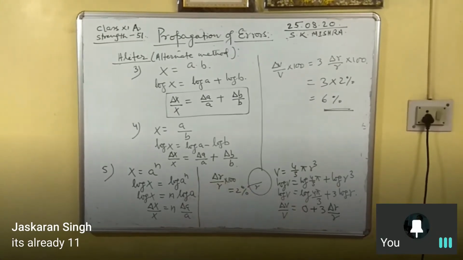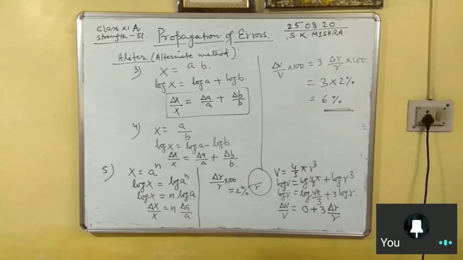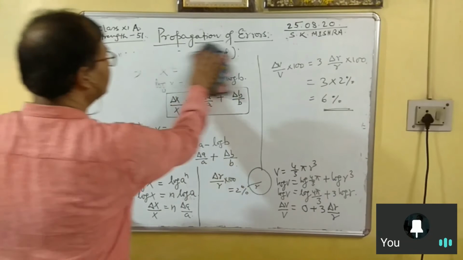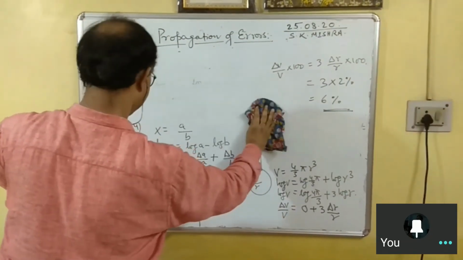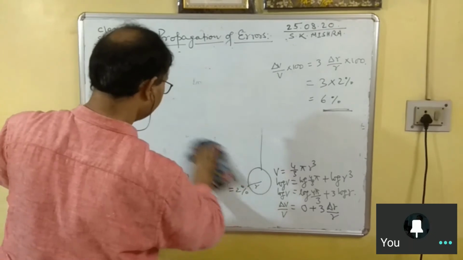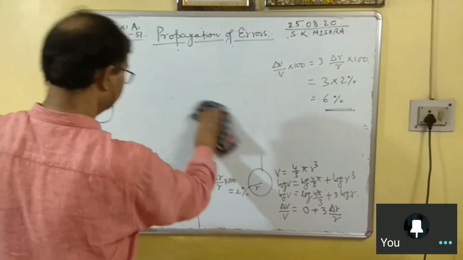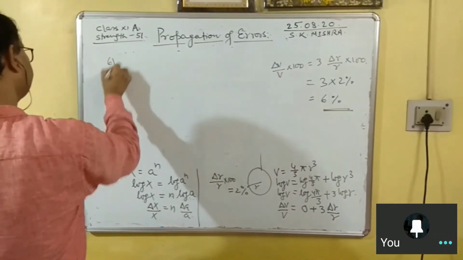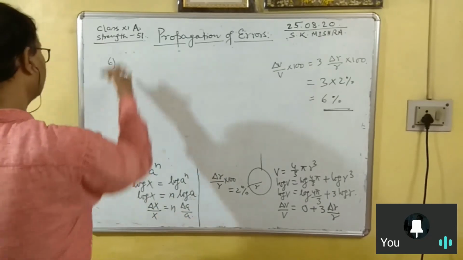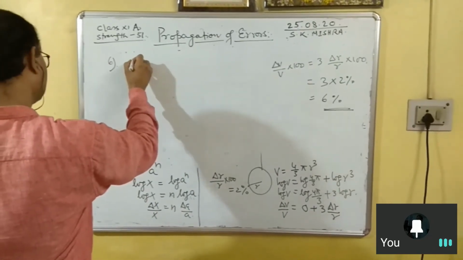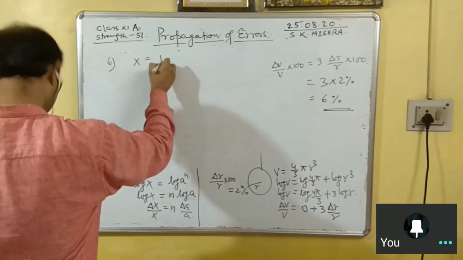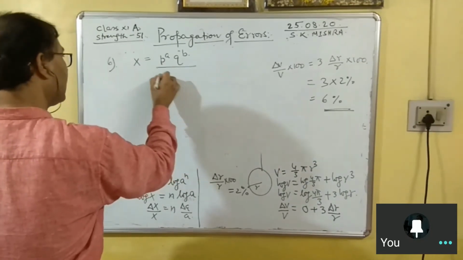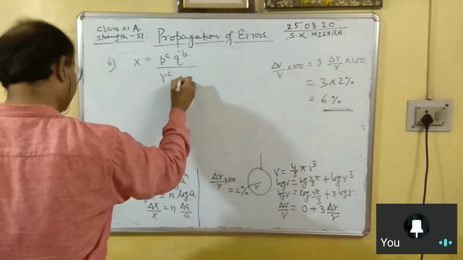So 6%. Now I am talking about another operation. Number six: if a physical quantity x is equal to p raised to a, q raised to b, divided by r raised to c and s raised to d.